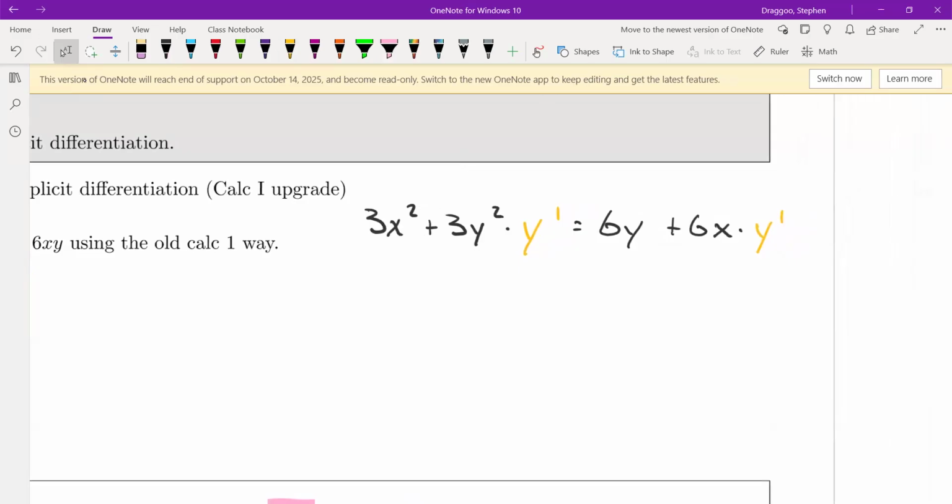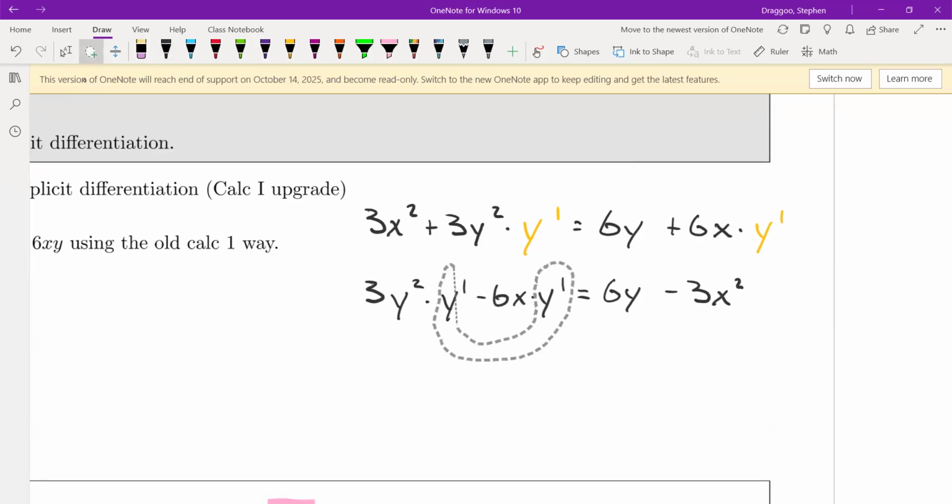In order to solve for it, I'm going to gather up all of my y prime terms on one side and then factor it out. And then divide by everything that isn't y prime. 3y squared y prime minus 6x y prime is equal to 6y minus 3x squared. Again, the parts I am focusing on are these.